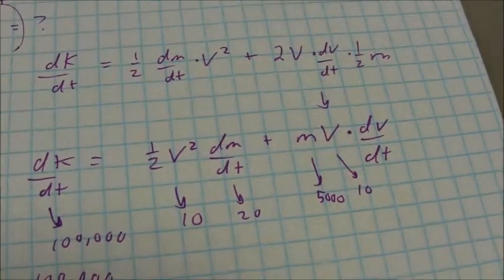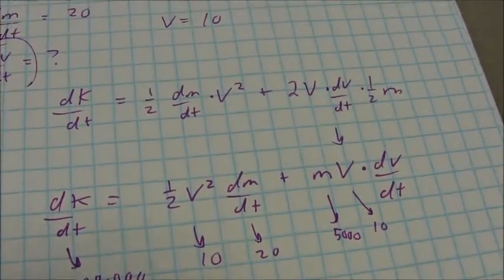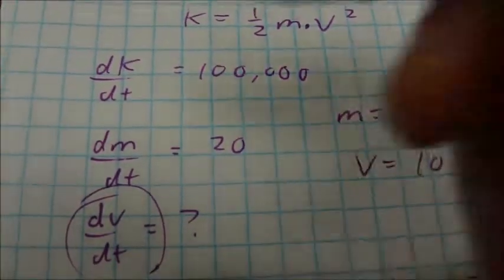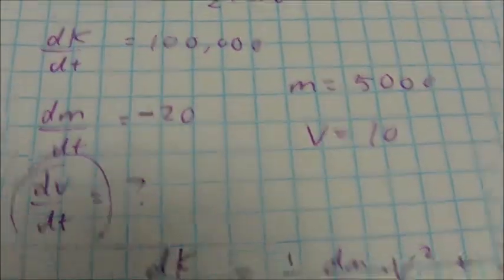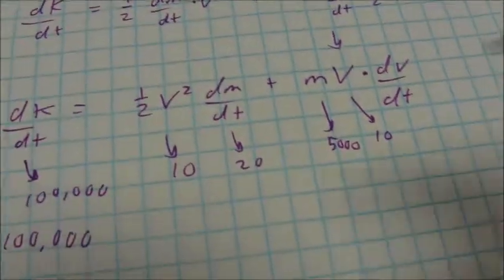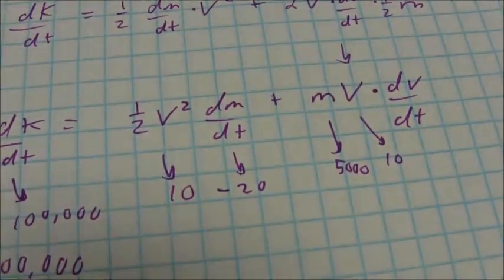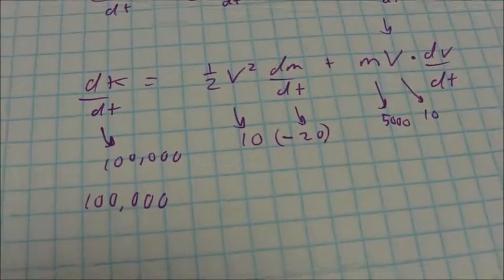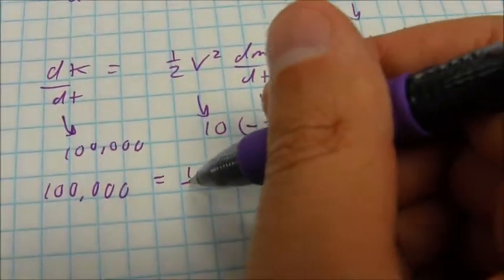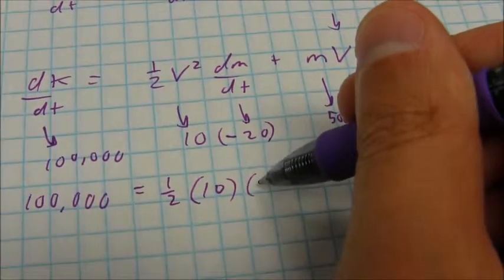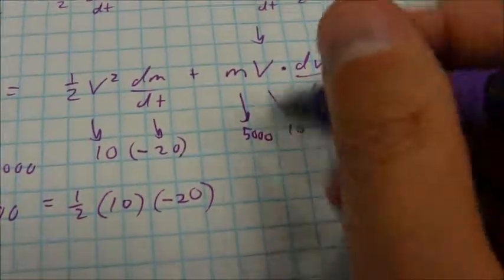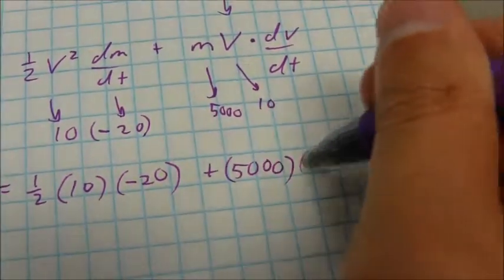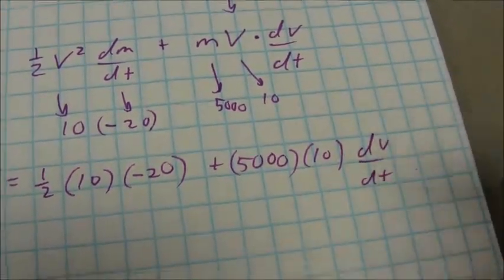Oh, by the way, one thing that I did not take into account here, and I really need to do this: the mass is decreasing at 20 kilograms per second. Decreasing, that is a negative value there. So down here, when I substitute in that rate of mass change, that needs to be a negative 20, and that's being multiplied there. So be careful with that. Anyway, this is 1/2 times 10 squared times negative 20 plus 5,000 times 10 times dv/dt.